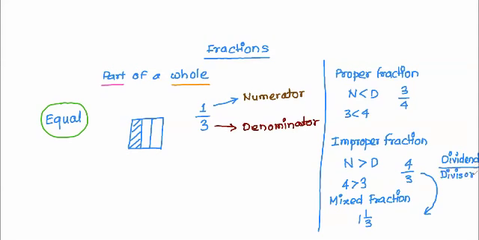When we do this division, we get something called the quotient and remainder.